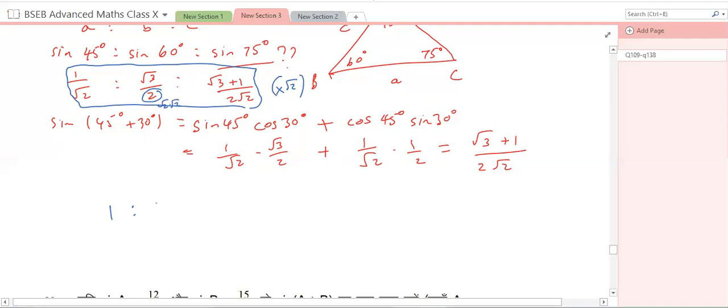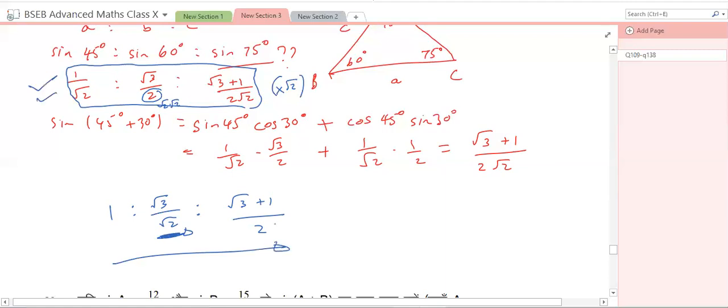So what we can have here is root 3 over root 2 is to root 3 plus 1 over 2. Even this 1 over here still has a root 2 in the denominator. So I'll leave this answer like this, or you can leave it in this original form. This should be fine as well.